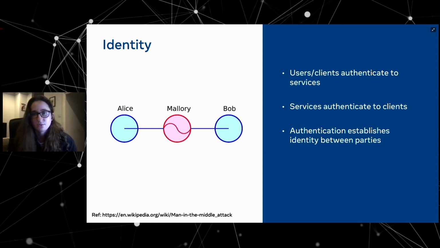With 2FA, for example, this can come in the form of Touch Bar on macOS, RIP, hardware-backed tokens, or phones. And on laptops, we can use things like Kerberos credentials or certificates. The main thing is that these identities enable users and clients to authenticate to services offering an identity that says knock knock, and services to authenticate to clients saying, you've come to the right place.